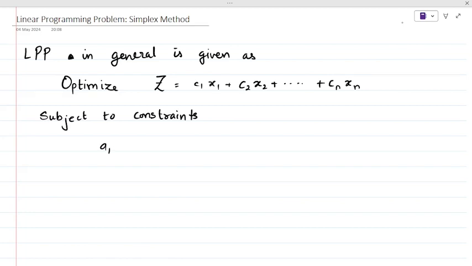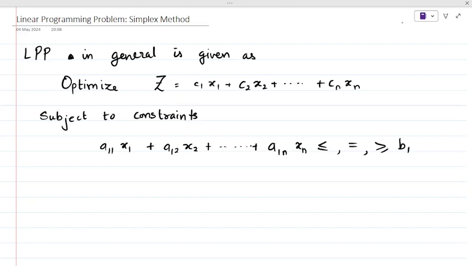So let's say a11 x1 plus a12 x2 plus and so on up to a1n xn less equal. Now here there are options, less equal or greater equal, b1.